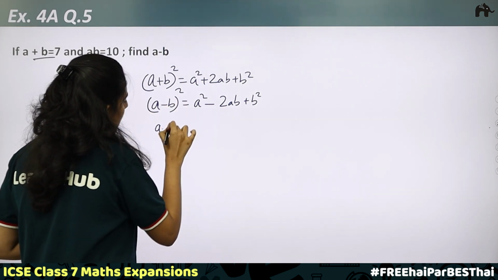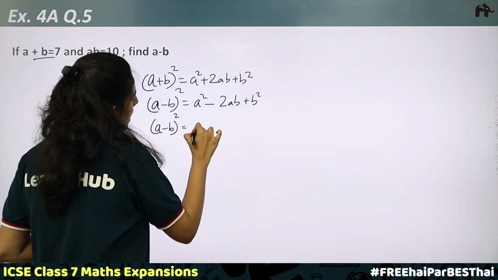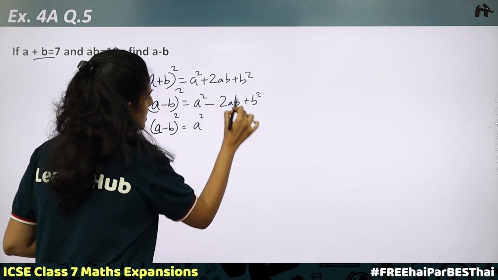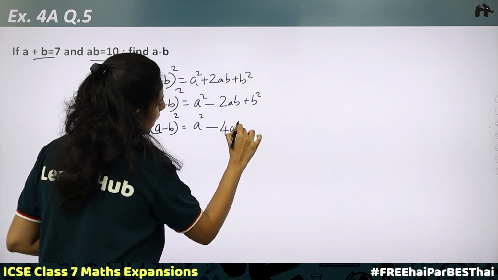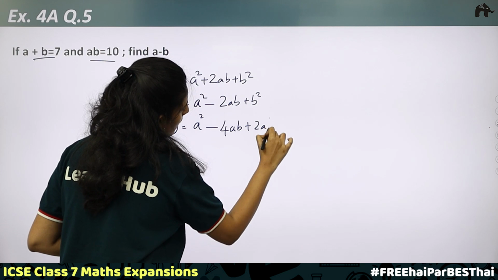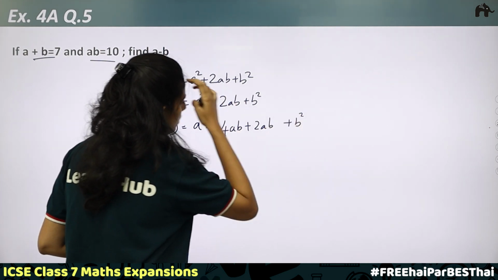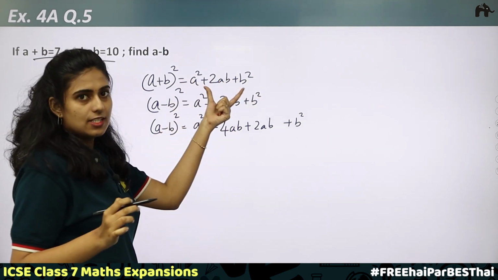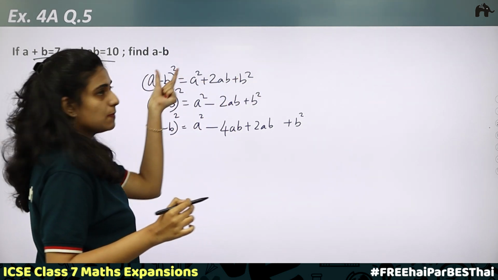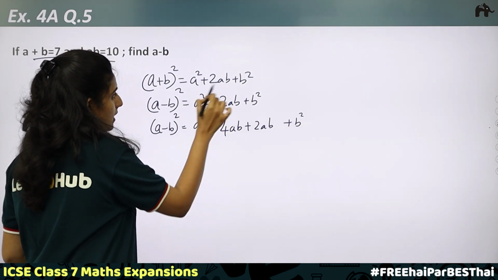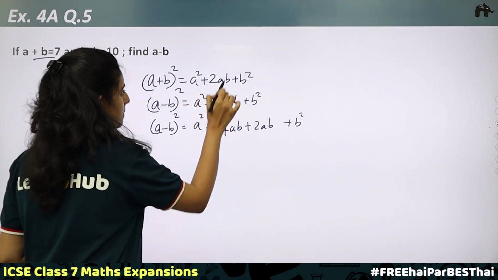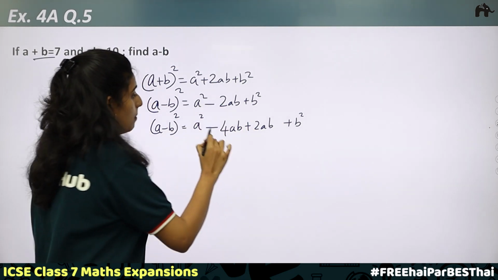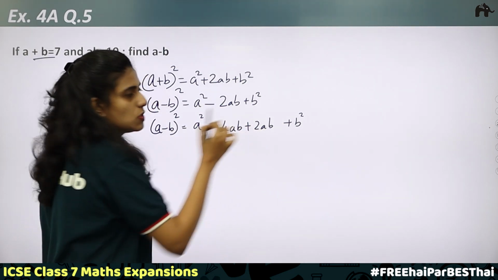So you can write this a minus b whole square as a square, I'm going to change this, as minus 4ab plus 2ab plus b square. Why? Because we know that a square plus 2ab plus b square, all these terms, you can write as a plus b whole square. To bring this plus 2ab, I am changing this minus 2ab to minus 4ab plus 2ab.